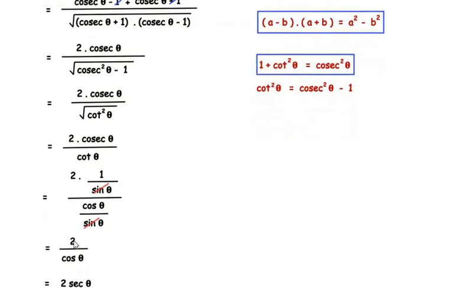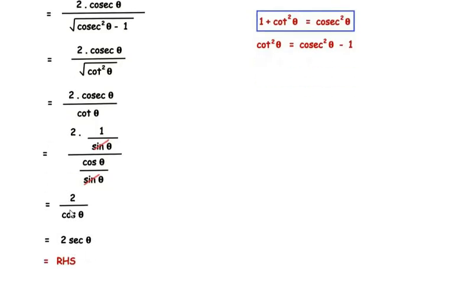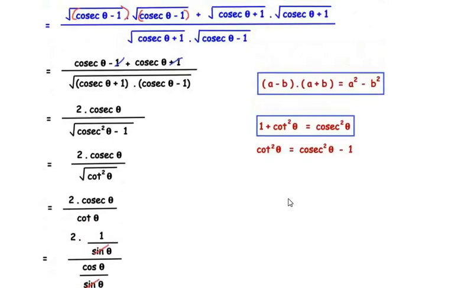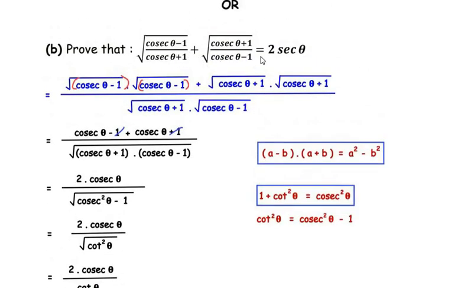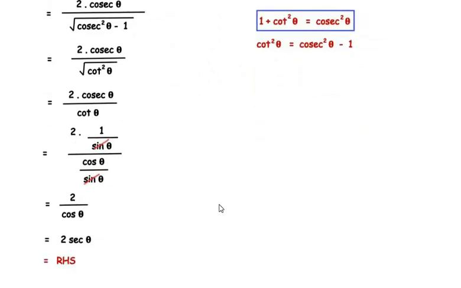So we are left with 2 over cos theta, and the reciprocal of cos theta is sec theta. So here we get 2 times sec theta. That is, 1 over cos theta is replaced as sec theta. And this is what we had to prove on the right hand side. That is, the left hand side is equal to 2 times sec theta, and we have proved it over here. So this is our right hand side.